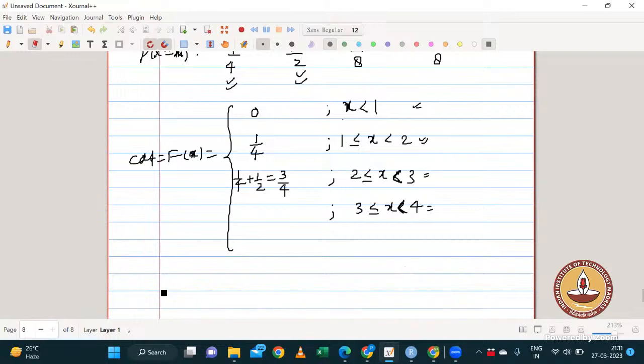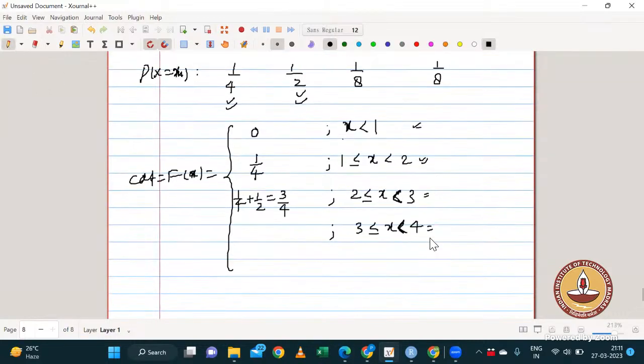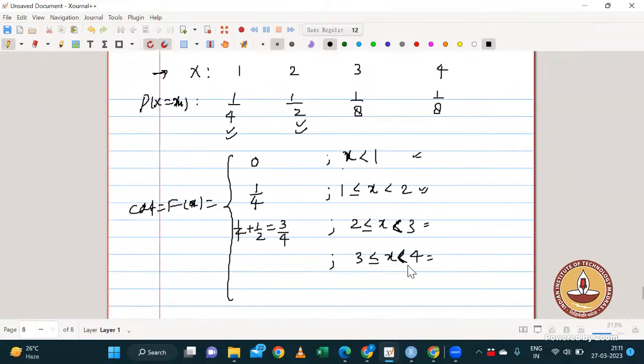Great. So what about before 4? We have to add this probability plus this probability plus this probability. So what will it be? 7 by 8. Now we have only one thing, greater than or equal to 4, right? So it should be 1.